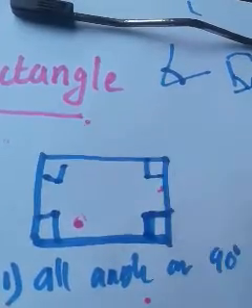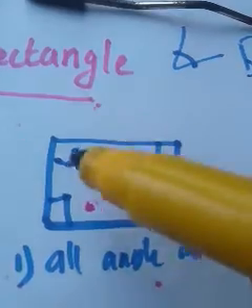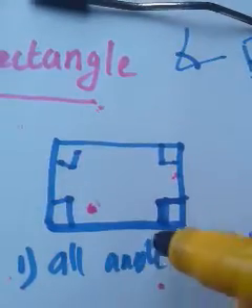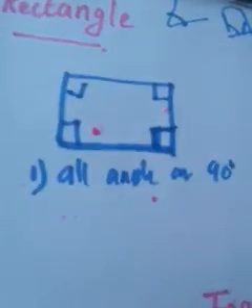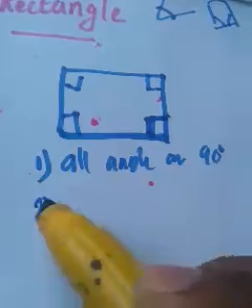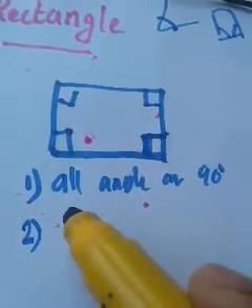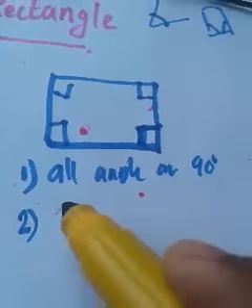See, this way. So in a rectangle, there are 4 angles, 1, 2, 3, 4. All 4 angles should be 90 degree. That is the speciality of rectangle. First speciality. And the second speciality is opposite sides are equal. We will discuss only the main features, not all features.